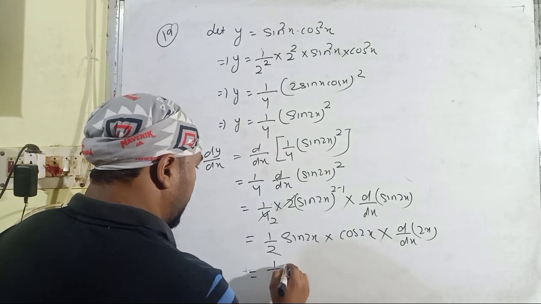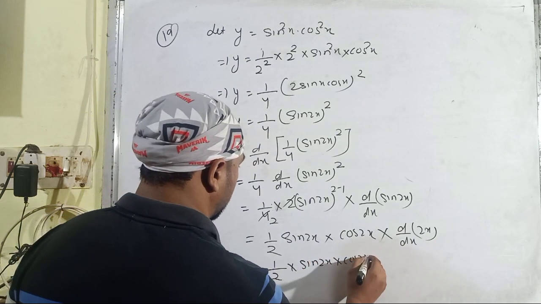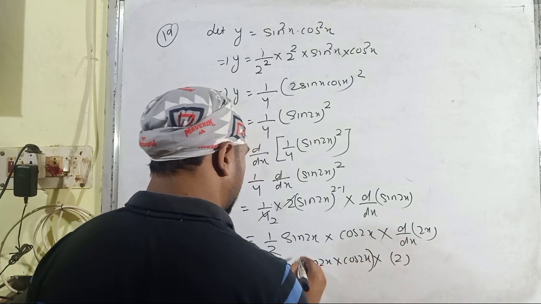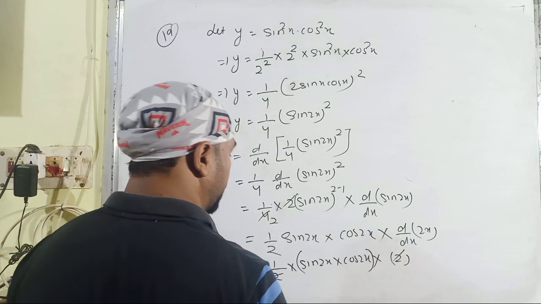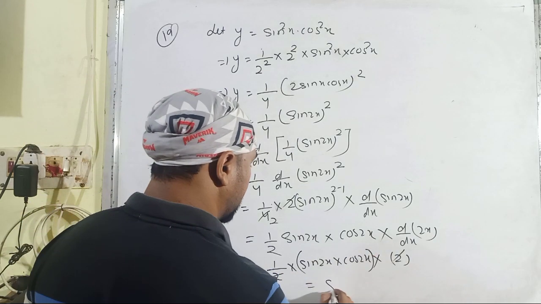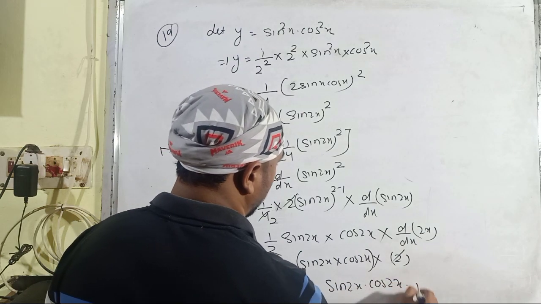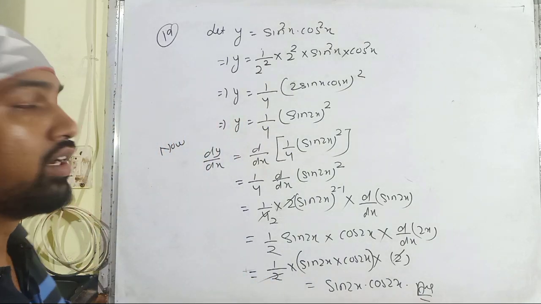So it is 1 upon 2 sin 2x multiplied with cos 2x multiplied with, here it is 2, differentiation of 2x, it is 2. So cancelling both of the parts here, we have the answer sin 2x multiplied with cos 2x, and this is the answer for the problem number 19.